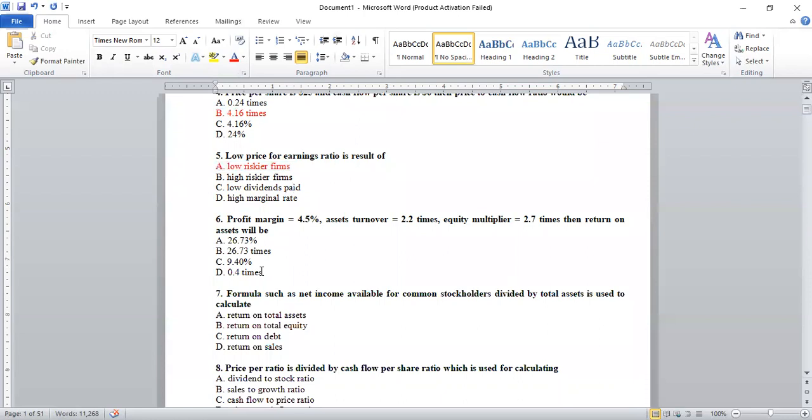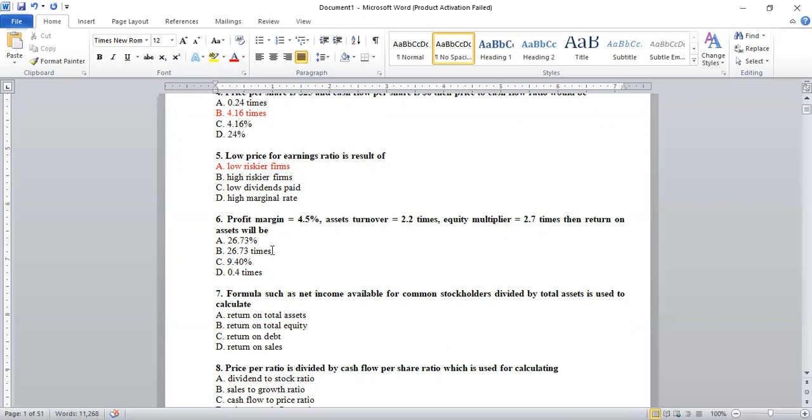Question 6: profit margin is 4.5%, asset turnover is 2.2 times, equity multiplier is 2.7 times. What is the return on equity?